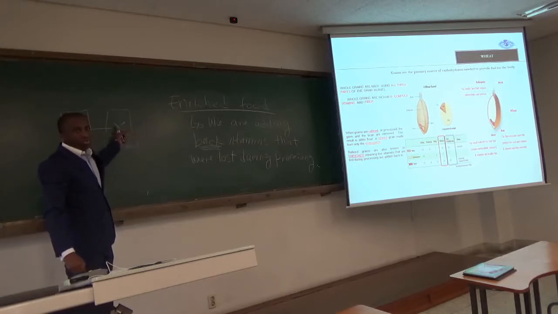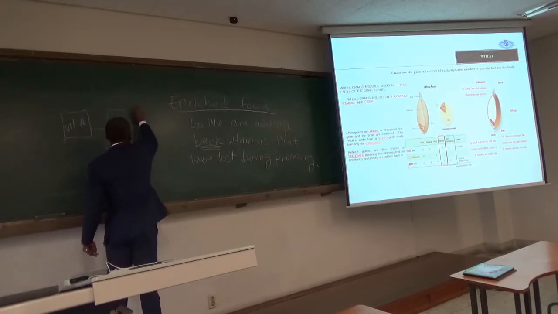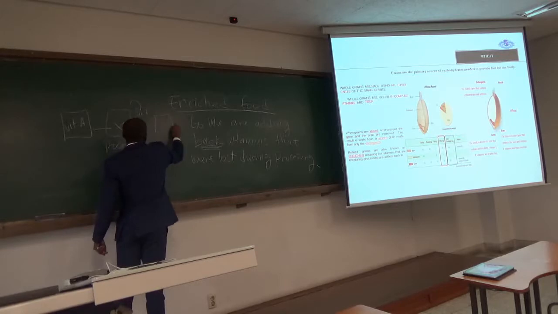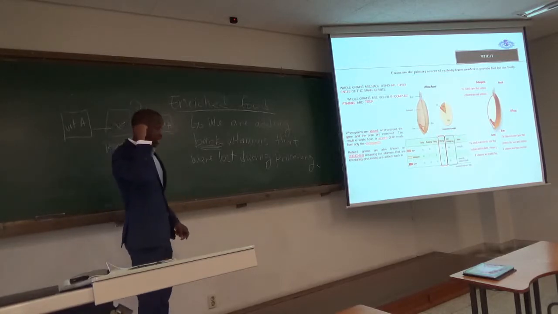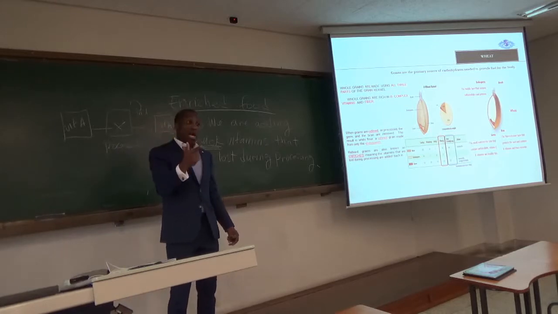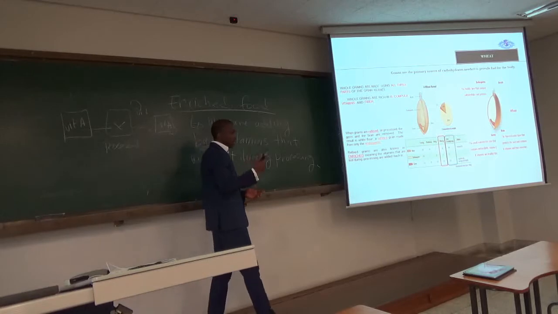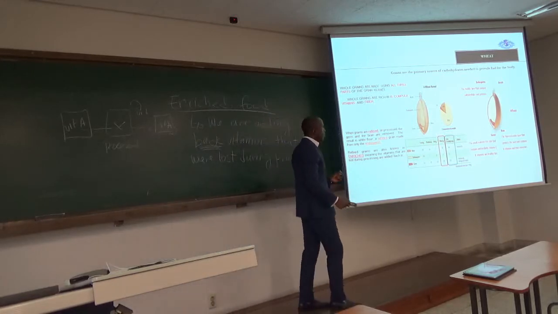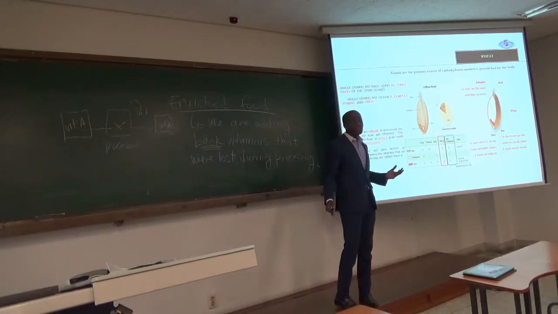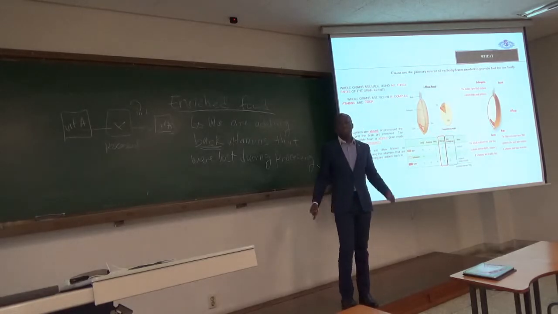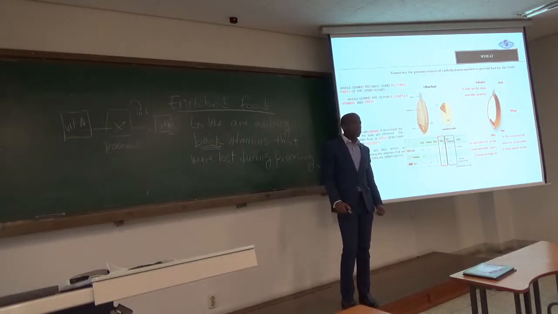Vitamin A is lost, right? So then we add it back, and then the final food has these vitamins again. Now, we do that with certain foods. I think, as I discussed before, the challenge is that with other nutrients, such as fiber, we are not always able to add it back.